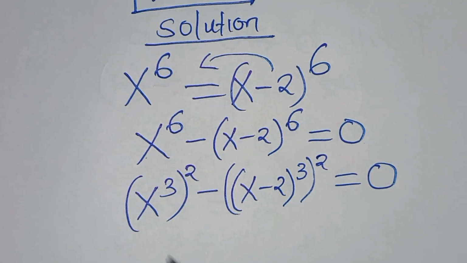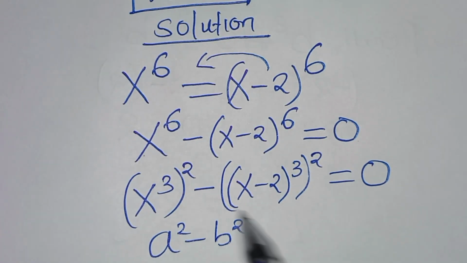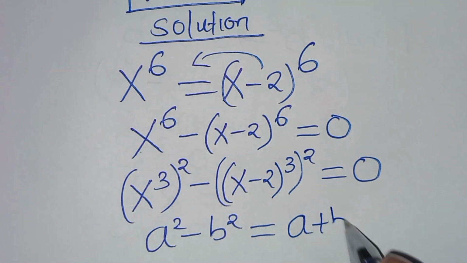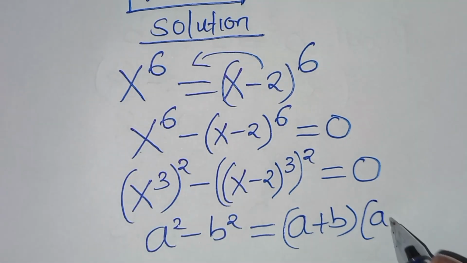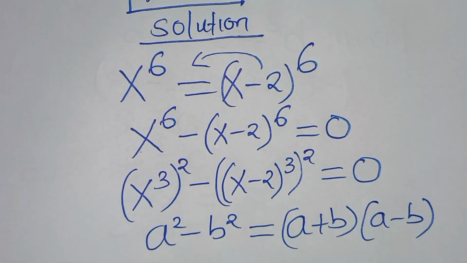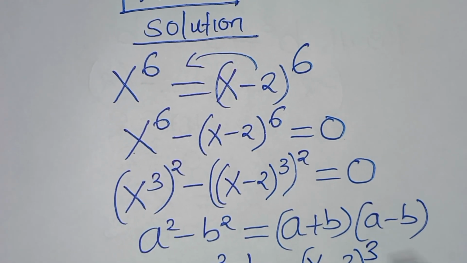This equation is in the form of a squared minus b squared, which is the difference of two perfect squares, which we can express as (a plus b)(a minus b). From this equation, a is equal to x to power 3, and b is equal to (x minus 2) to power 3.